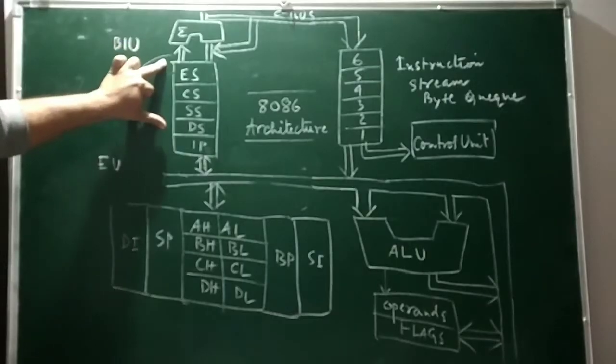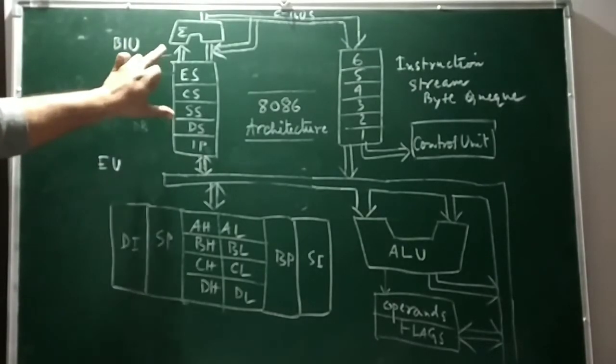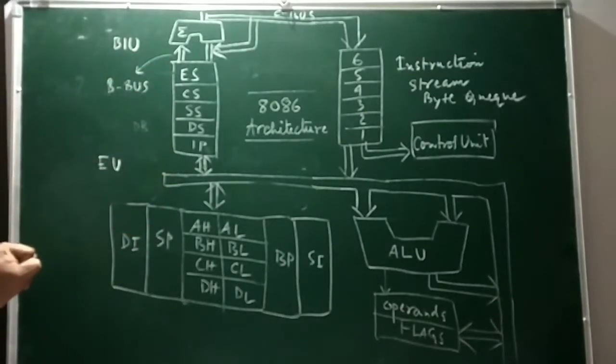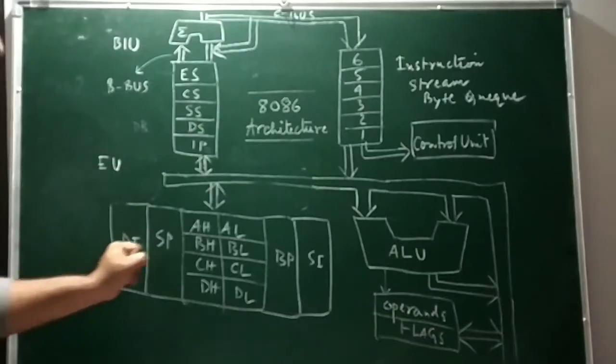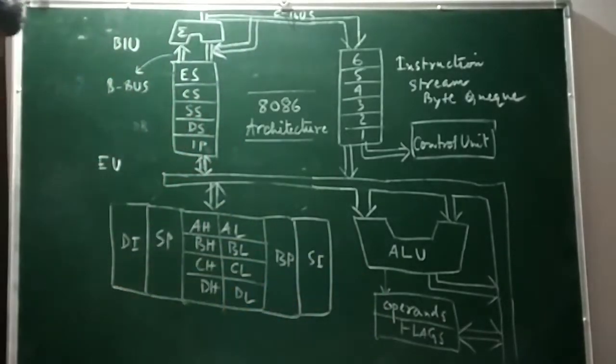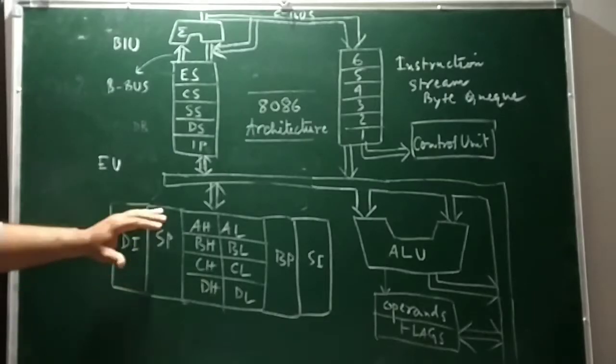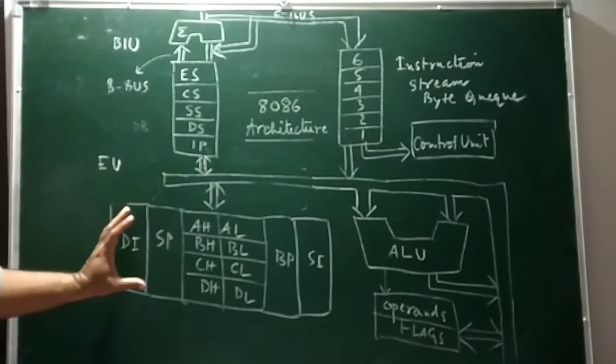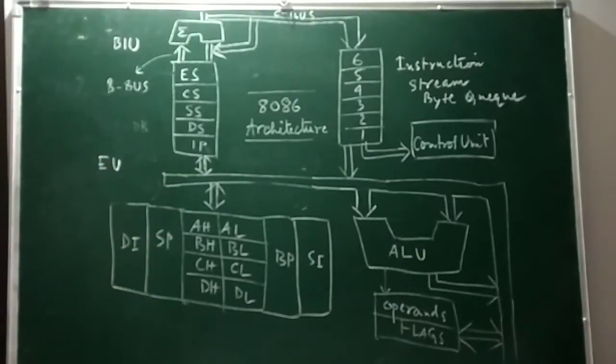We have four segment registers. Here you can find segment registers. All these are segment registers: ES, DS, CS, SS, all are segment registers. Fine. Then we have flag registers. We also have 4 types of special registers which are known as pointers or index registers.